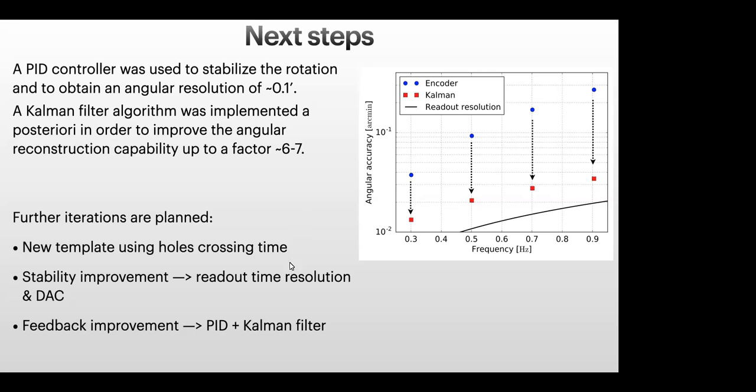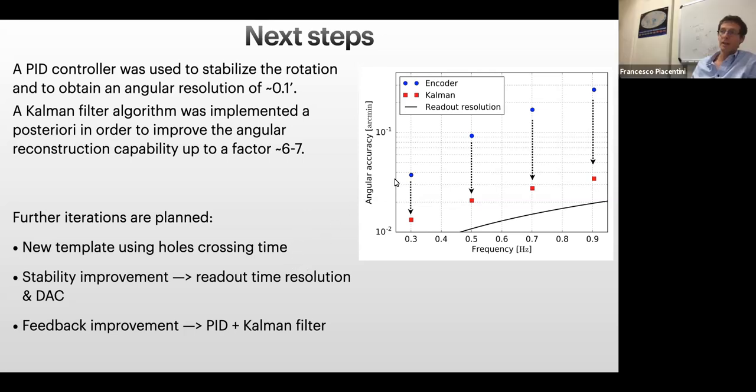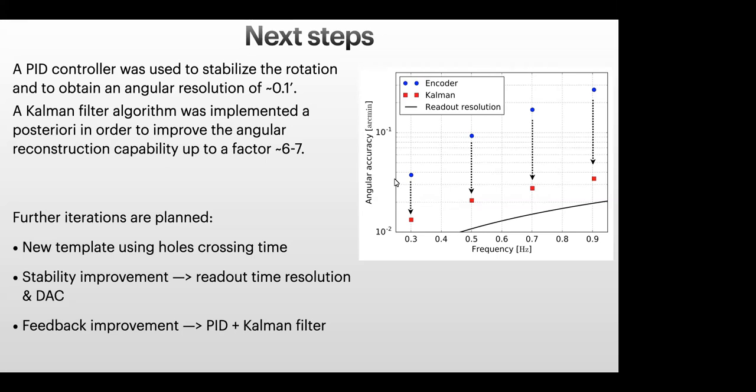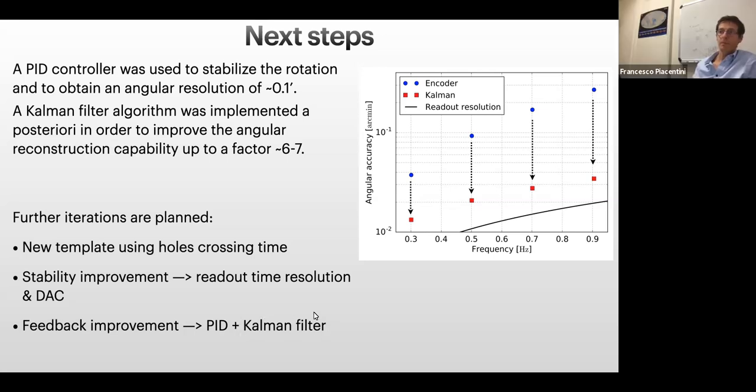So I wonder if you think you need to filter your time stream somehow, maybe not with a Kalman filter, but with some other filter, or the PID is by itself filtering the noisy stream. Yeah, this is what I was referring to when I said we are planning to implement a simplified Kalman filter.